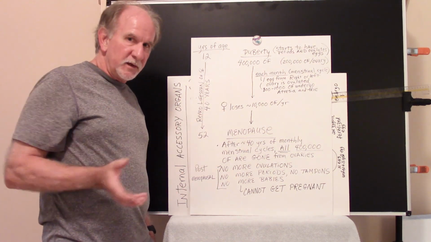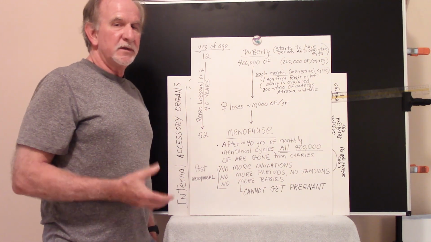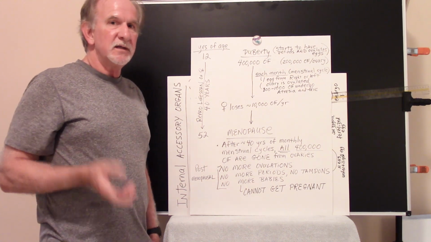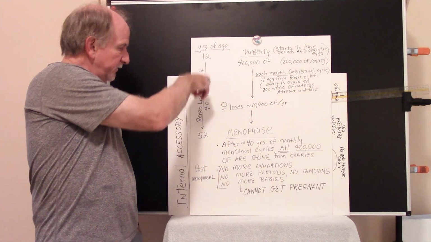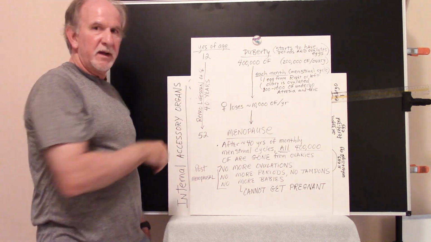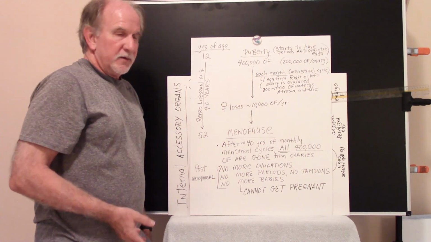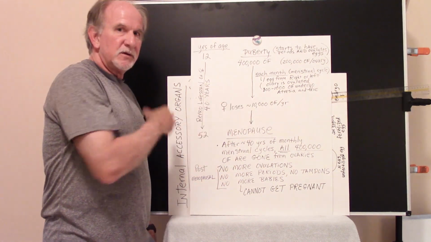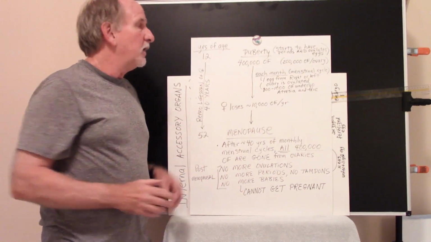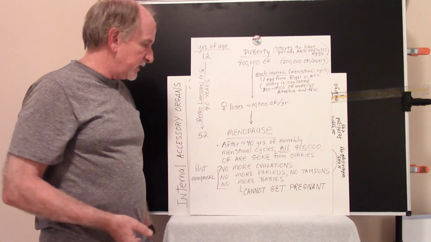If you start with a fixed number and lose X number per year, then at some point in time you run out of ovarian follicles. And that's the case. After about 40 years, which would be the reproductive lifespan of a female, after about 40 years of losing 10,000 ovarian follicles per year, a female would lose all 400,000 of the ovarian follicles to atresia.